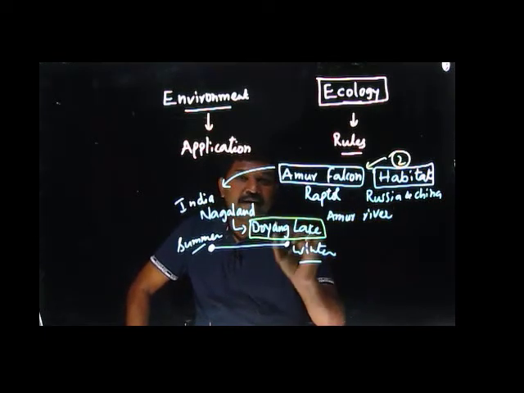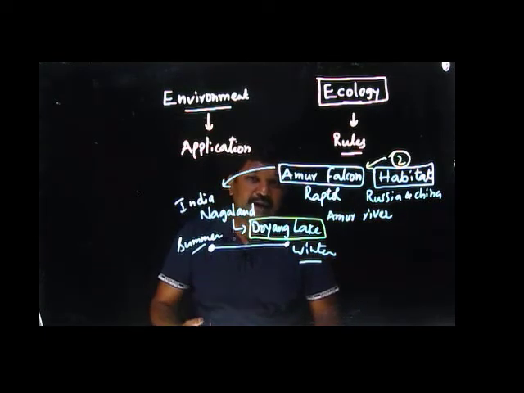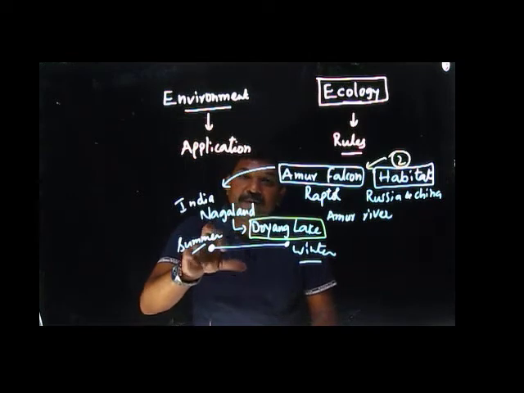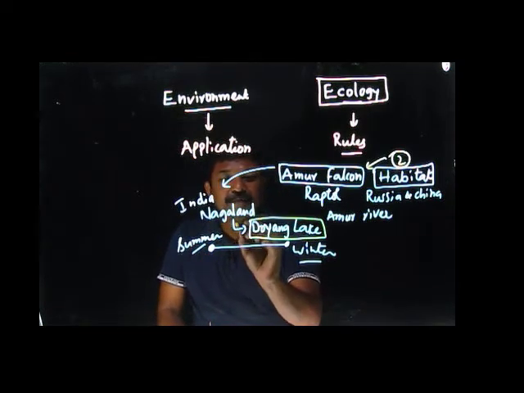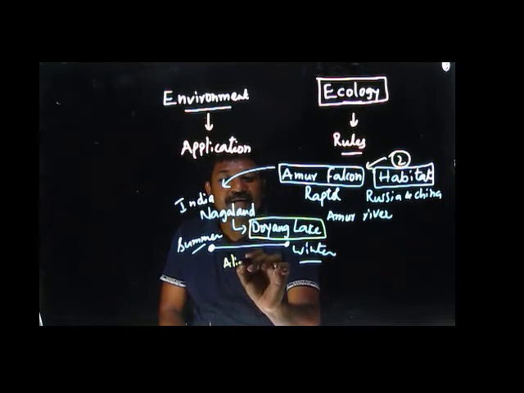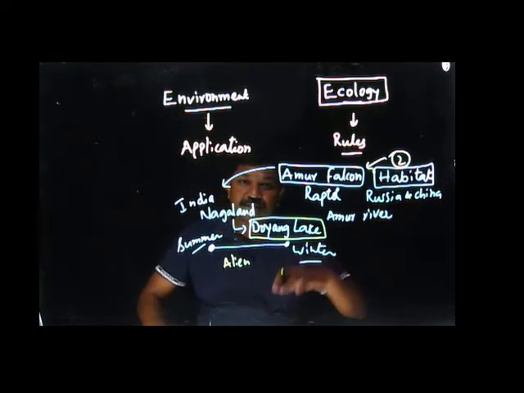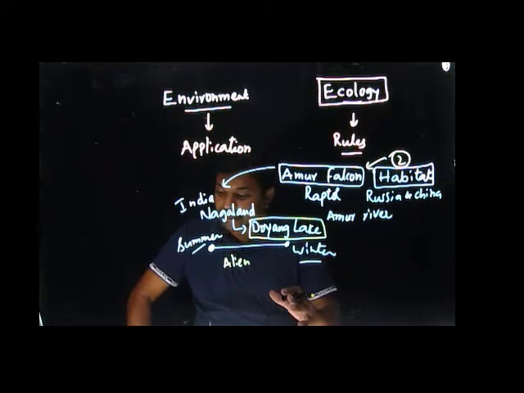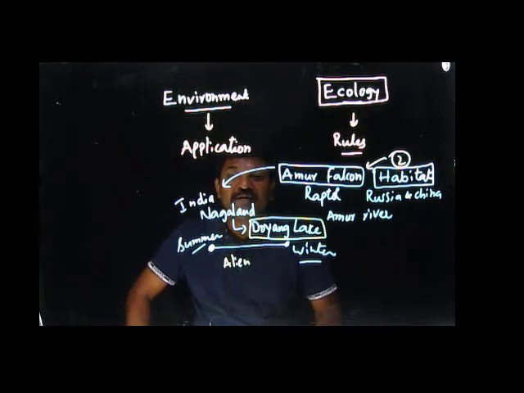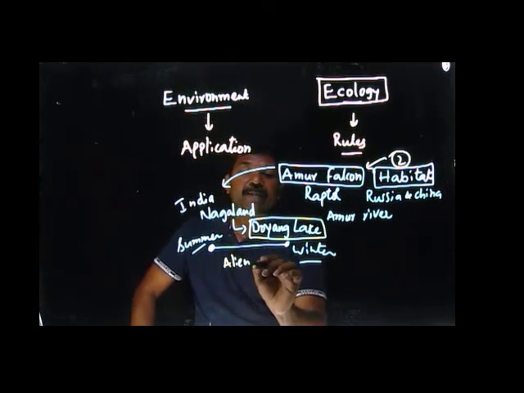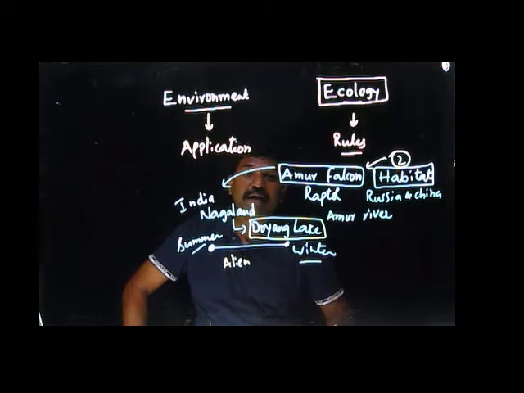When the bird is migrating to the secondary habitat, the Naga people are completely unaware of the bird. These people feel this is an alien bird coming from a different part of the world, and it is consuming all the food of the local species. Therefore, these people started poaching, nothing but killing the animal.